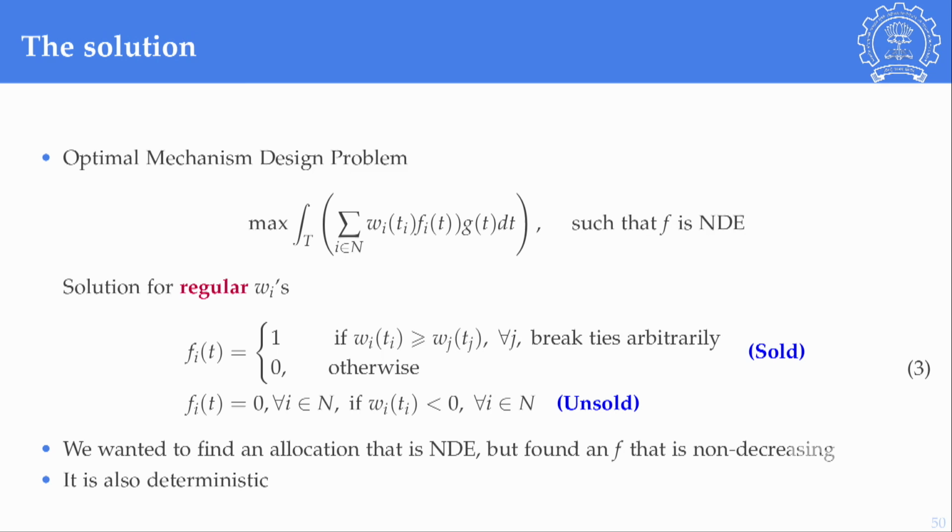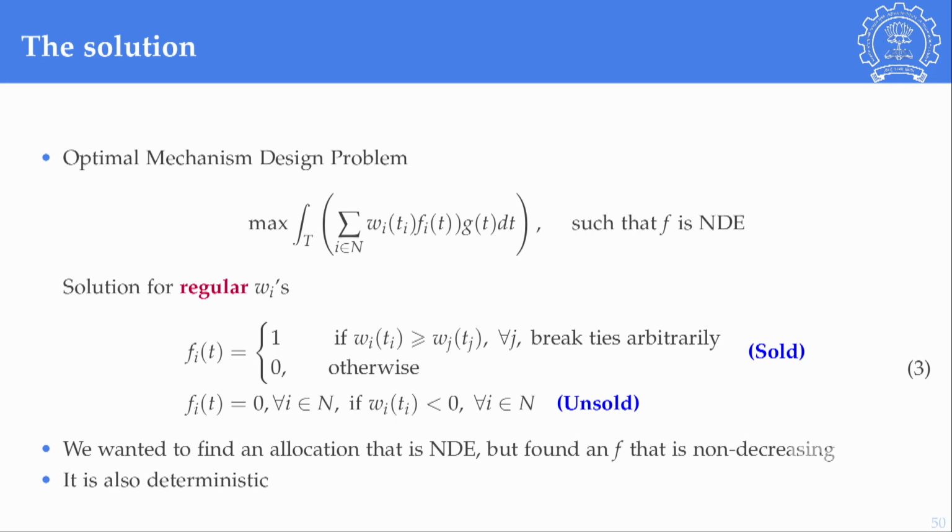So, the optimal mechanism design problem: if the Wi's are regular, then the allocation rule is this. You give the item to the agent who has the highest virtual valuation. It is deterministic, as you can see, you give it completely. So, it started with maximizing the revenue with respect to any randomized mechanism, but what we finally got is a deterministic mechanism.